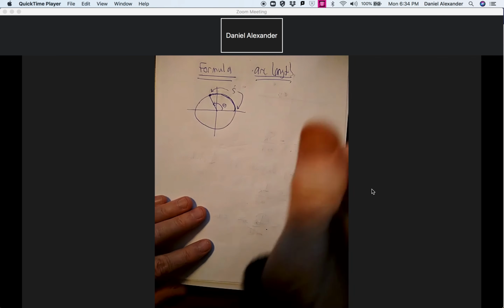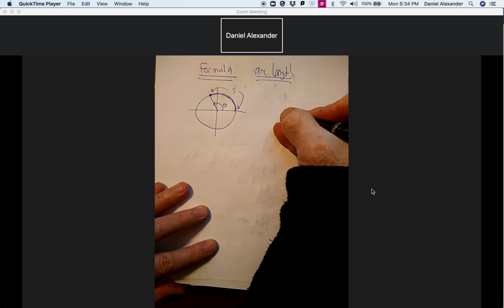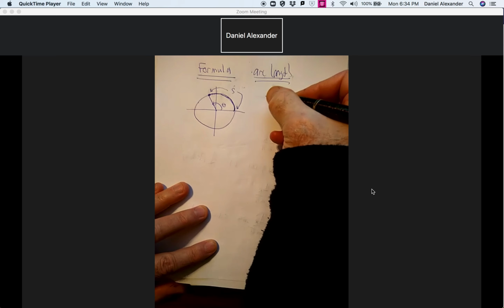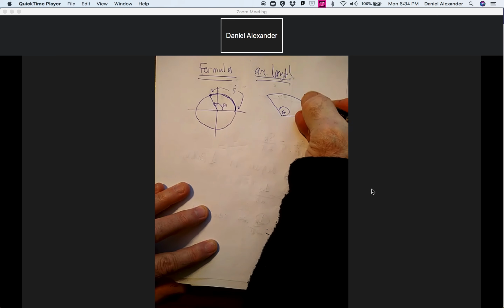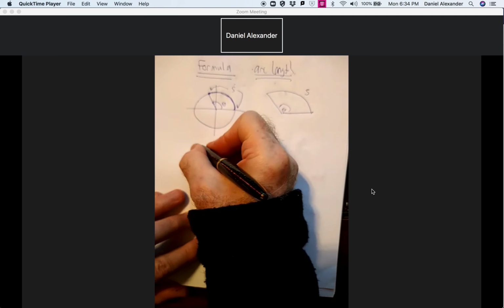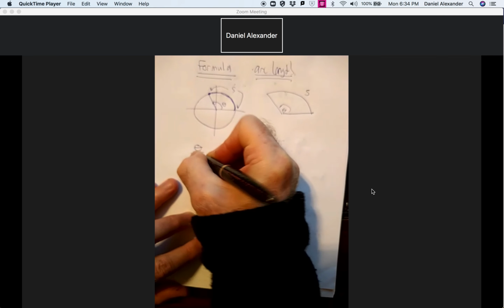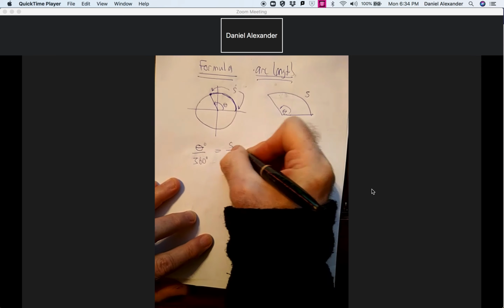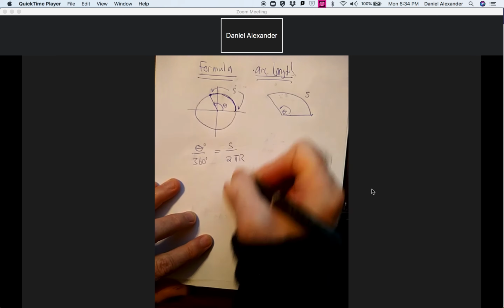So in other words, if you just want to blow up that part of the picture, here's my angle. That's S right there. Well, the formula is going to be that theta over 360 is equal to S over 2 pi r.